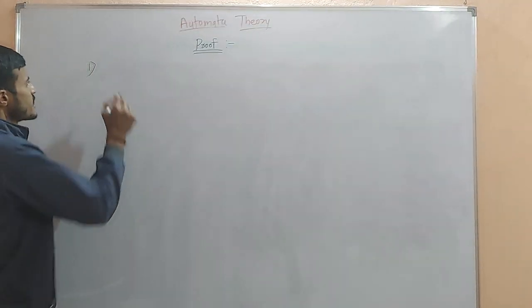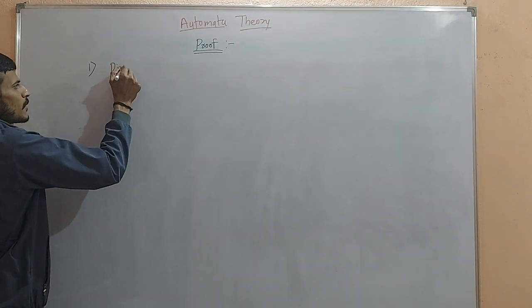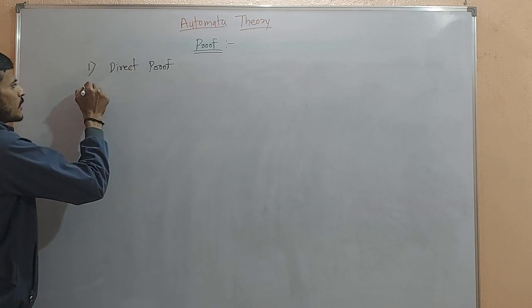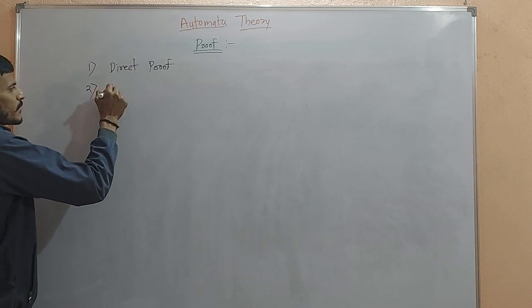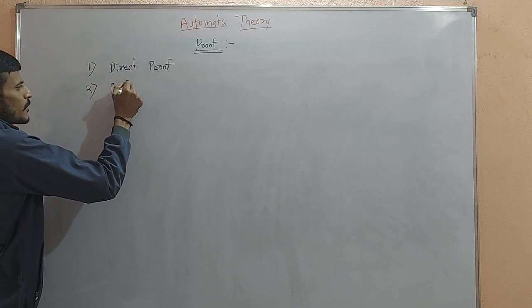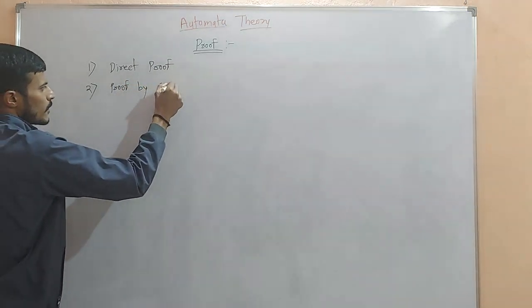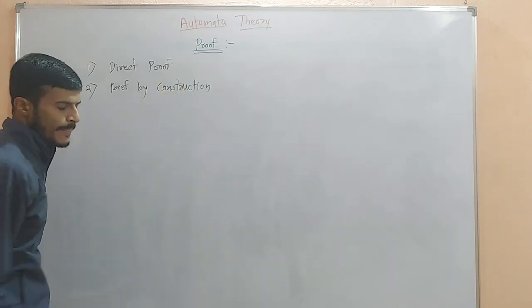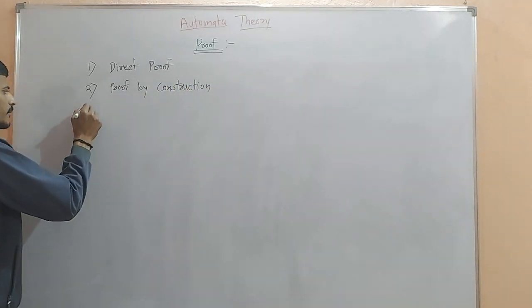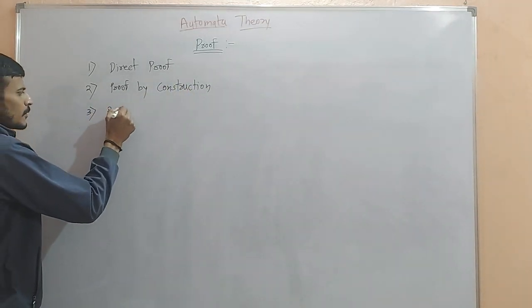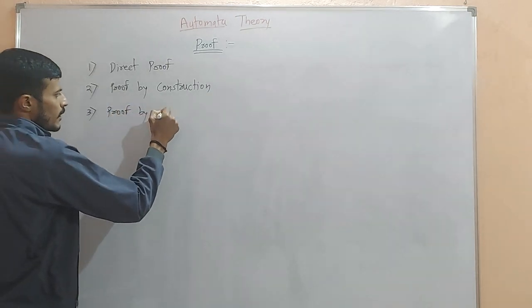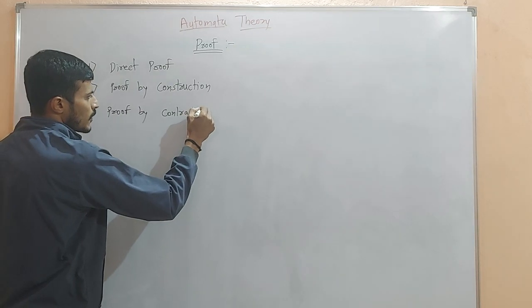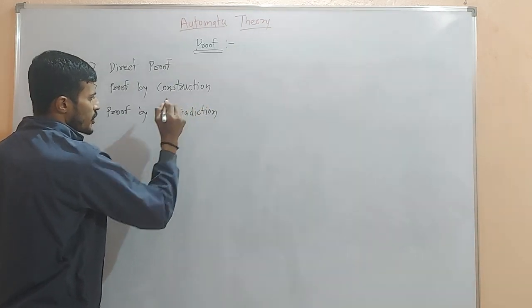The first one is direct proof. The second one is proof by construction. Then the next one, proof by contradiction.